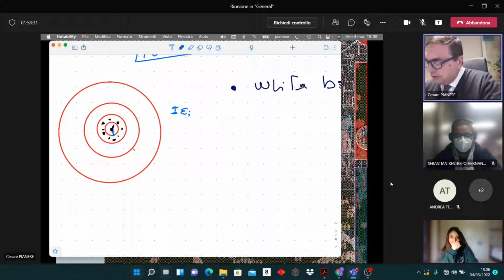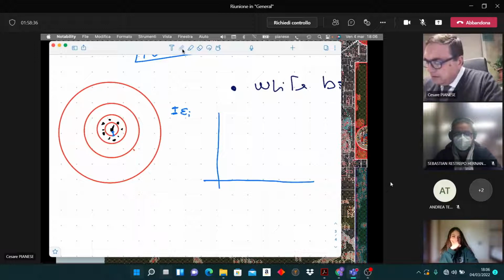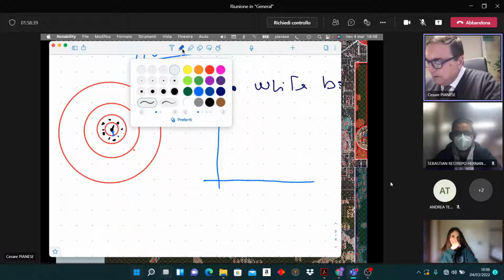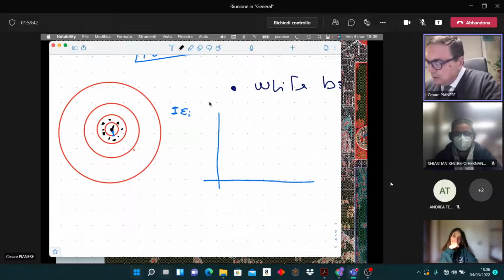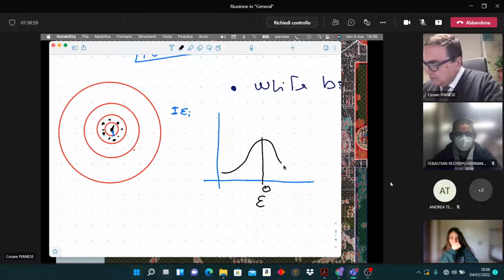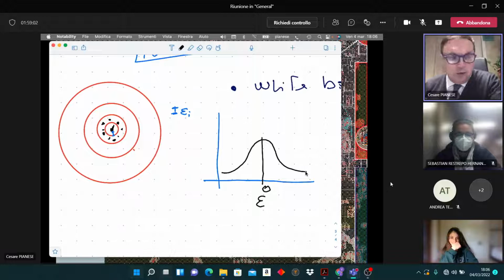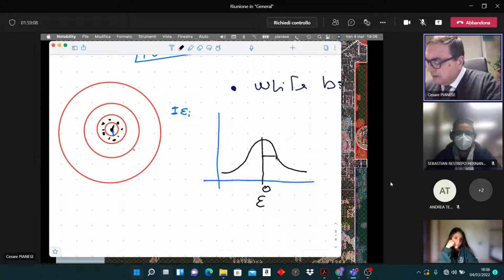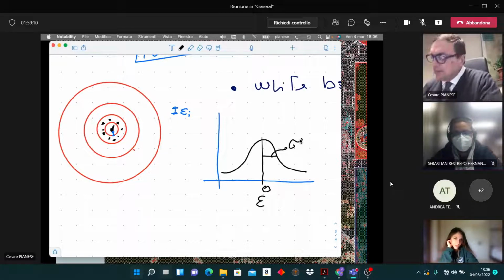If you have the distribution of your error with the one model, the black one, suppose that this is the error, this is at 0. Your error distribution will be this one. Are you following me? Okay, this is very basic statistics. And then this is your sigma.